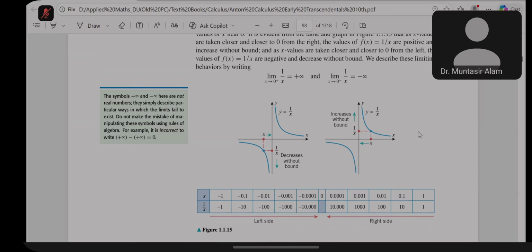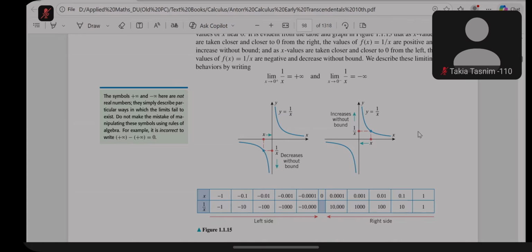So if we approach x much more closer to 0, what is the function value, or you can say the limiting value, if we approach from the left hand side of 0? Obviously, it is negative infinity, right?